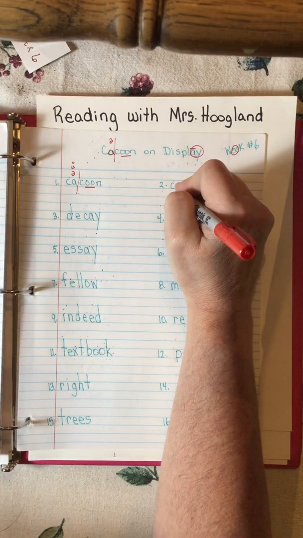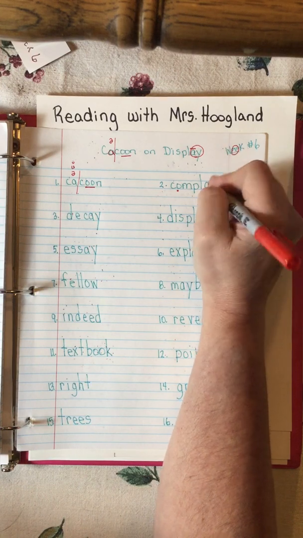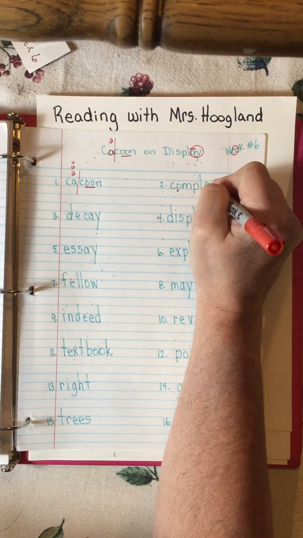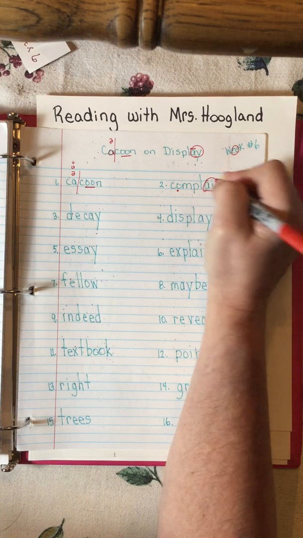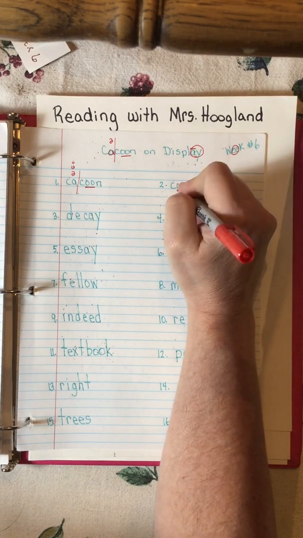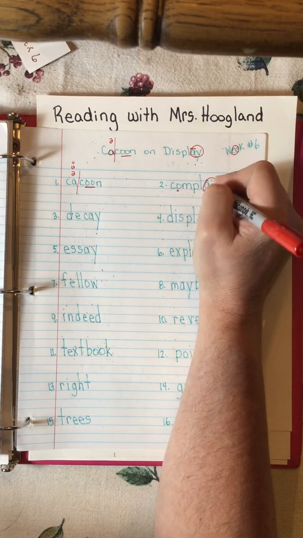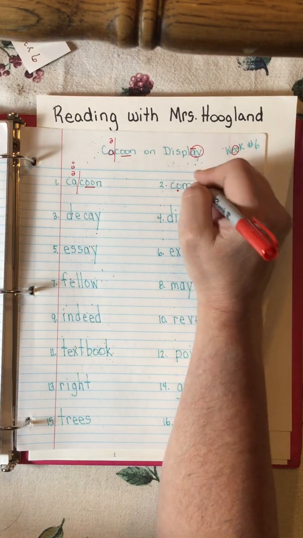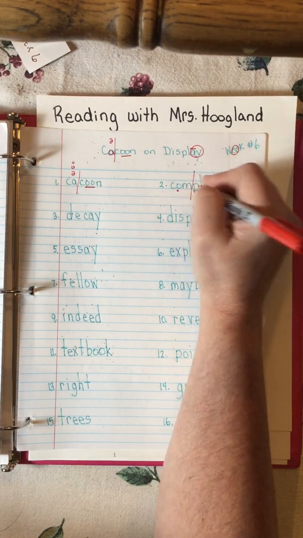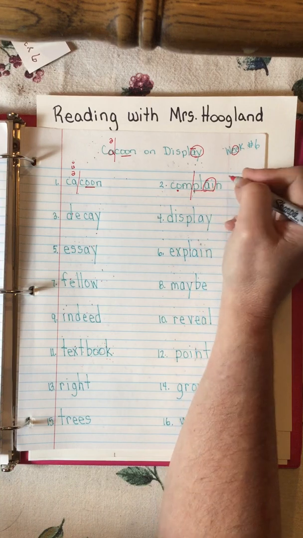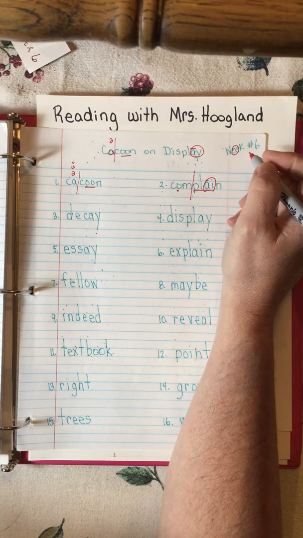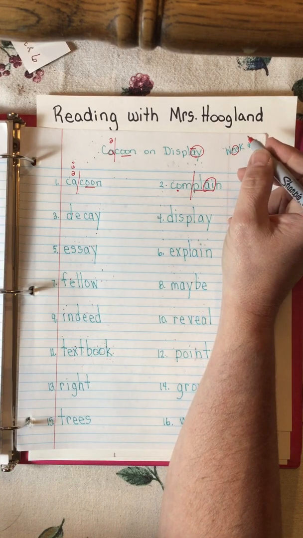On this next one, we have a vowel right here, and then we have an A-I. I know that's a chunk, and it's going to say A. Here I have vowel, consonant, consonant, consonant, vowel. I know that P-L is a blend. So I'm going to say complain. Complain.